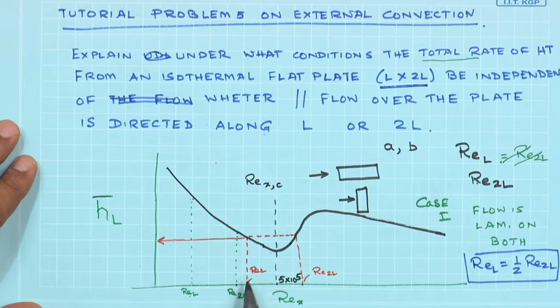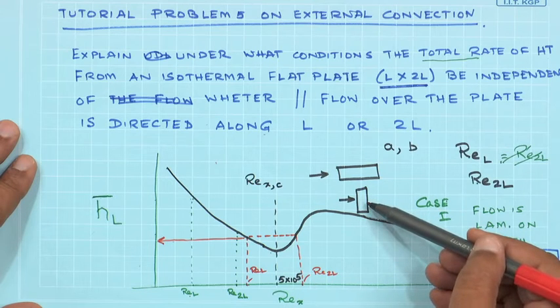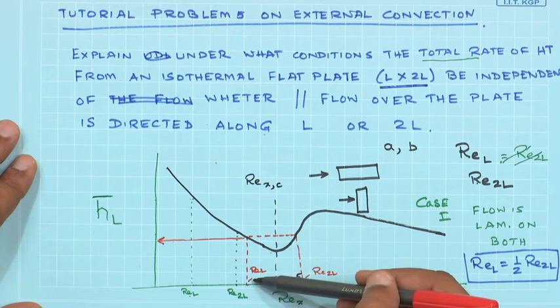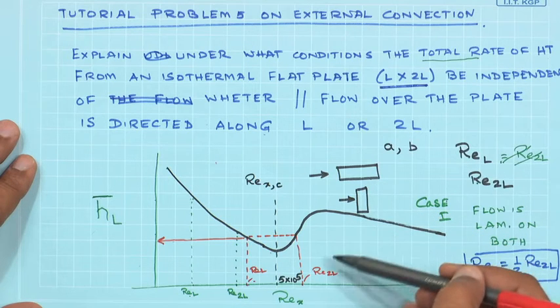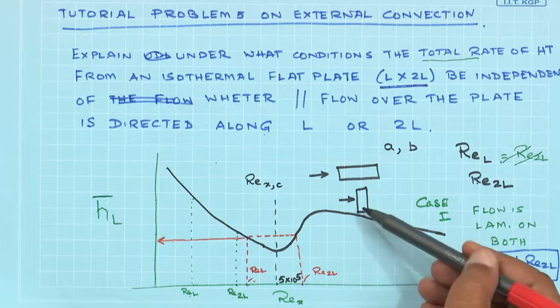So, if the flow is laminar on one side, as is shown by Re_L, and when it is oriented in the reverse way, when it is oriented in this way, this is your Reynolds number.